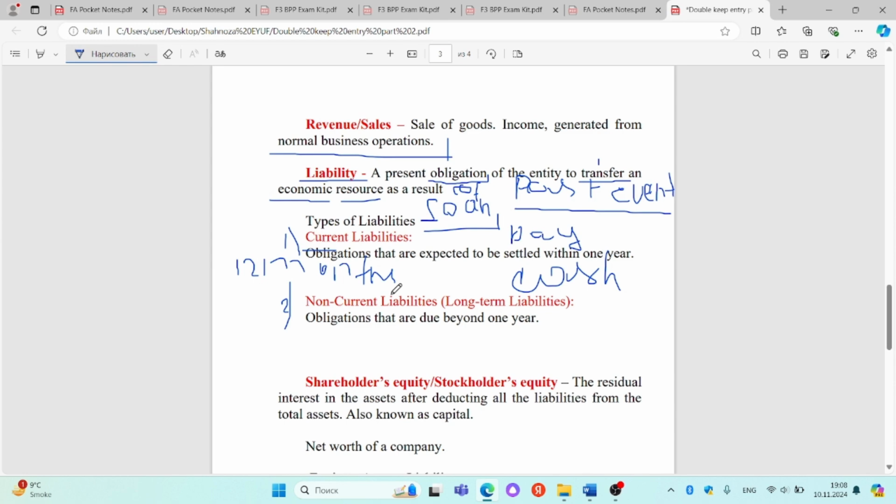But if we have loan or debt which we have to pay for more than 12 months, let's say 2 or 3 years, it is called non-current liability.